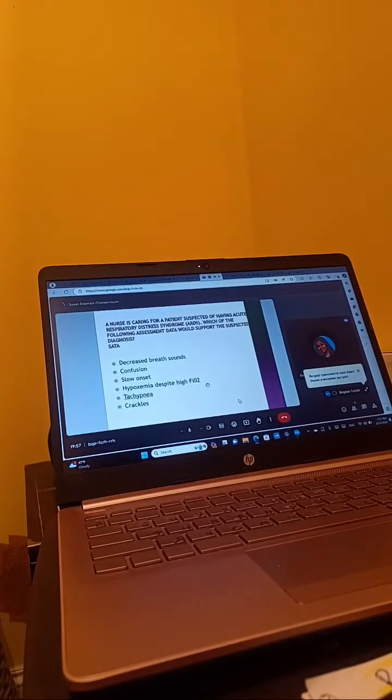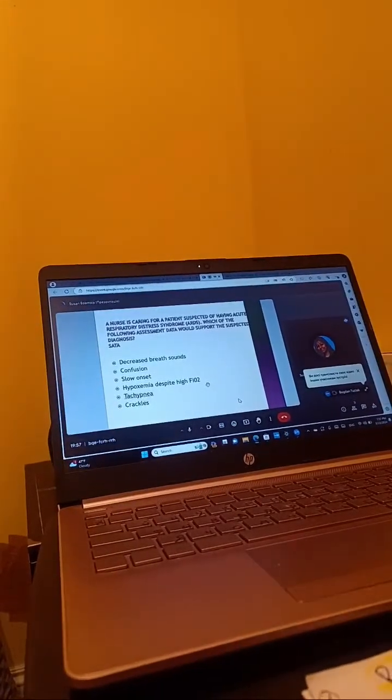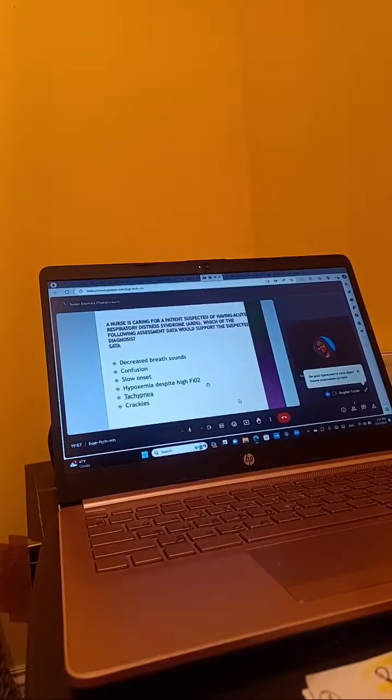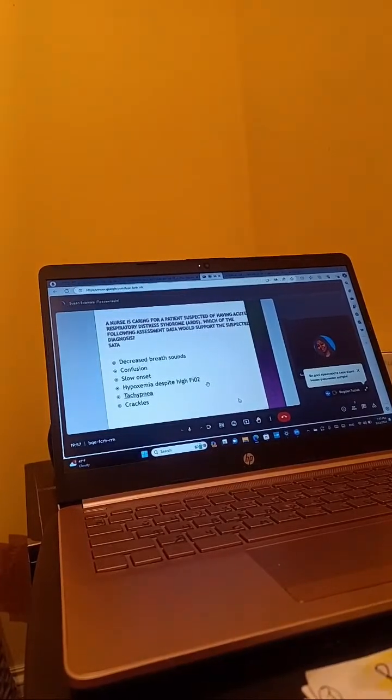So low oxygen in the blood, even though you are giving high FiO2, a high amount of oxygen, still it is low. That is very characteristic of ARDS. So yes, this one is positive.